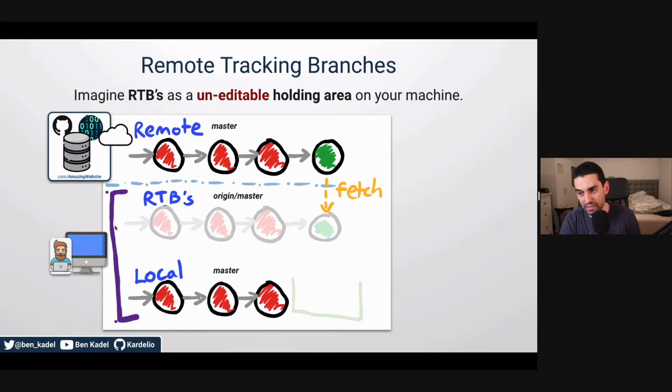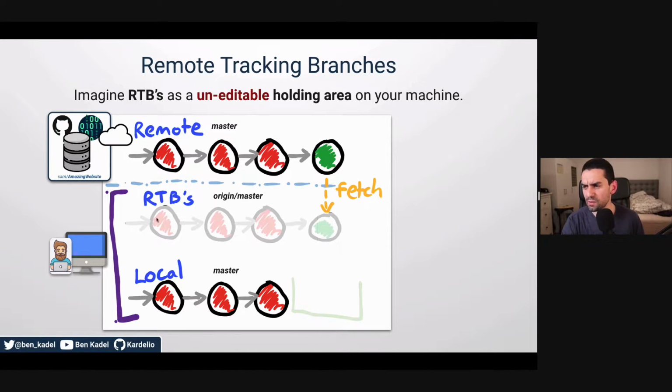Below the dotted line, we have things on your machine. And at the bottom, the clearly visible ones are your branches, which we will now refer to correctly as your local branches. These are the things you've been checking out and pushing, the branches you're interacting with and changing the code of.